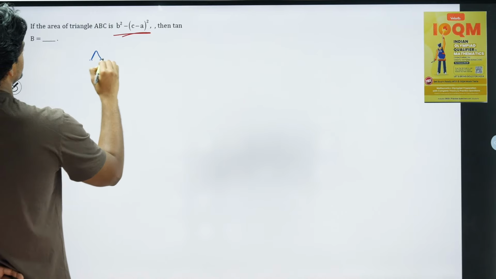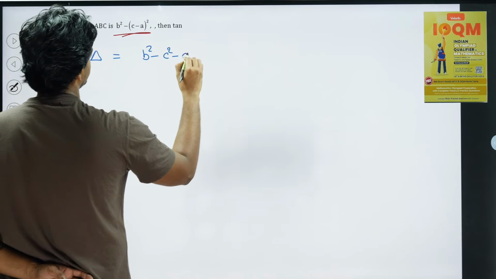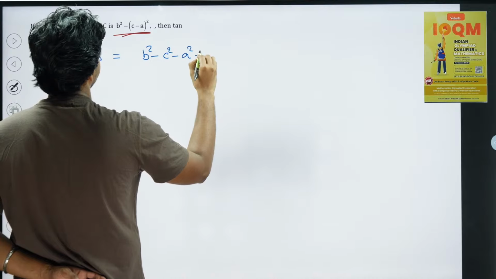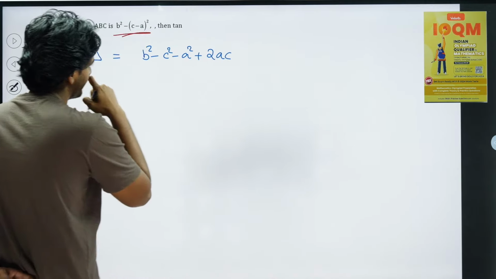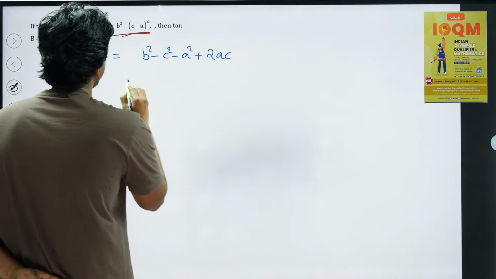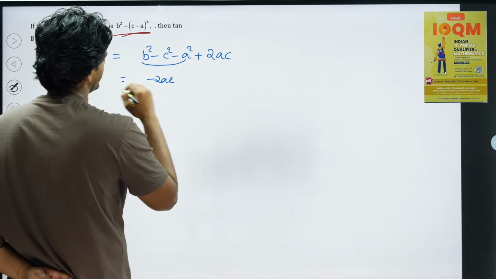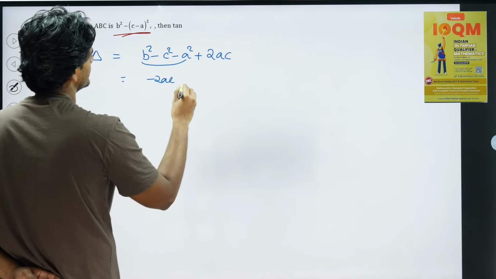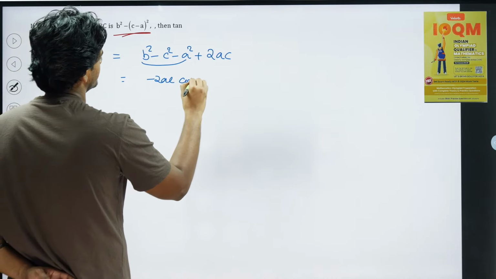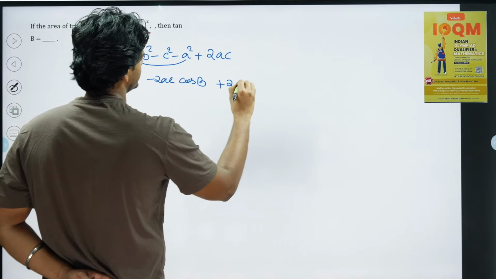Okay, area of a triangle is this. So B square minus C square minus A square plus 2AC. And we know that this is minus 2AC cos B plus 2AC.